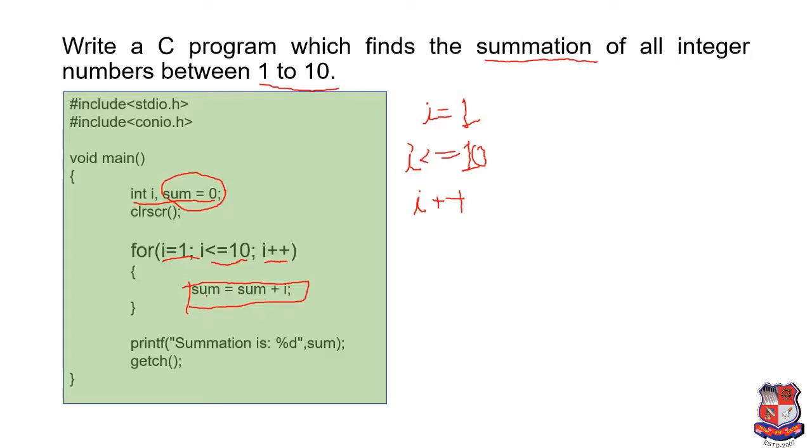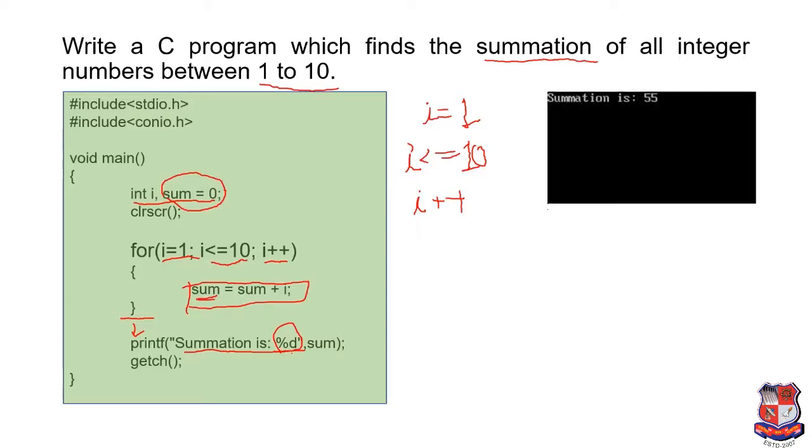So each number from 1 to 10 goes through this equation, and the summation is stored over here. After the body of the loop we go for printing that value, so it will print summation is, and the answer. We can check the output like this: summation is 55.